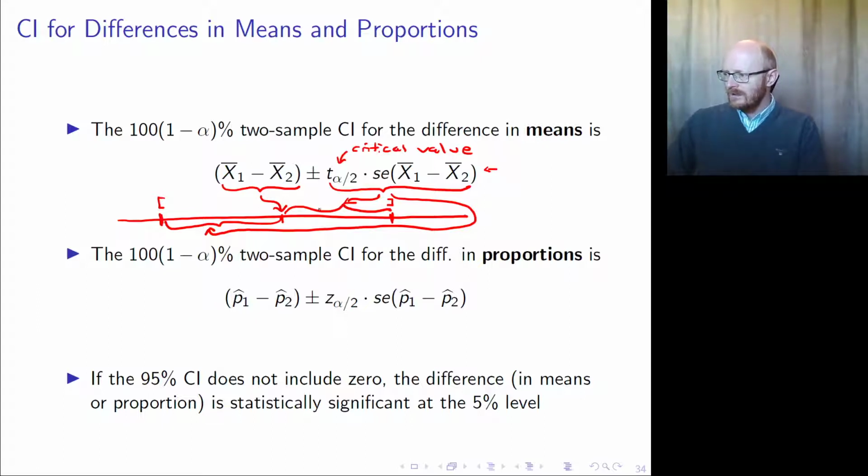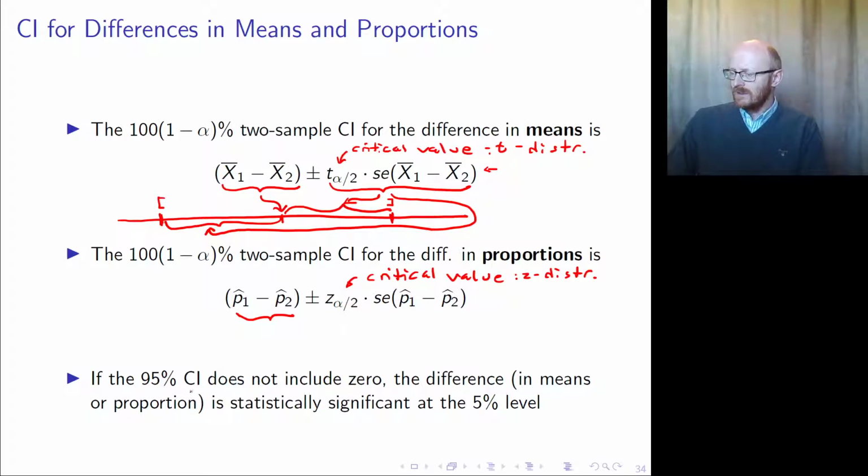So, and you can do the same with proportions. So for example, you have proportions here, and here the critical value comes from the normal distribution. Okay, so it's t distribution, and this is z distributed. Okay, normally distributed.